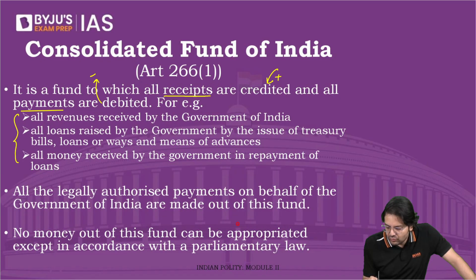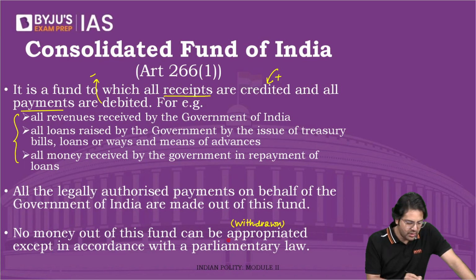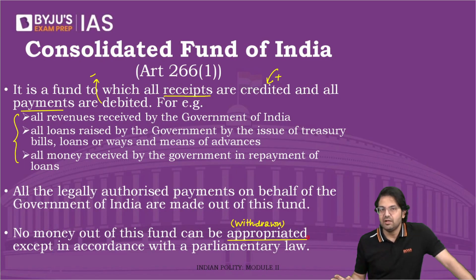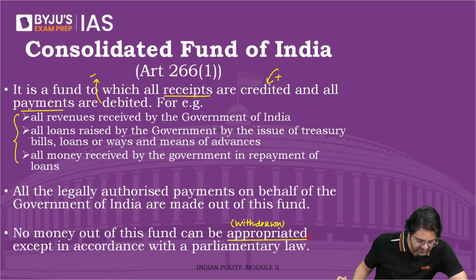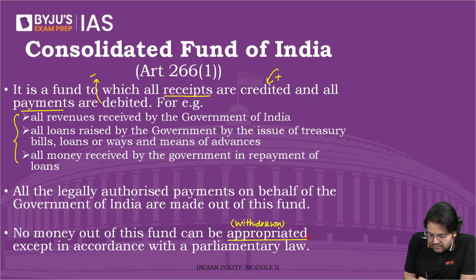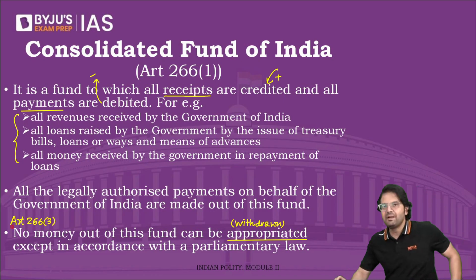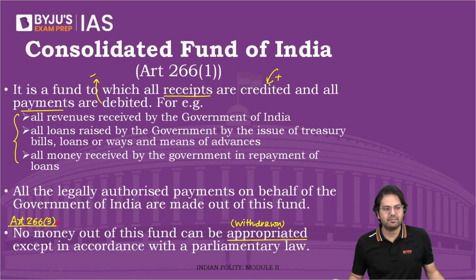Appropriate means to withdraw. So no money out of this fund can be withdrawn except in accordance with a parliamentary law. So when you want to take out money from CFI, what is required? Parliamentary law is required. Clear? This is mentioned under Article 266, Clause 3. No money out of this fund can be appropriated except in accordance with a parliamentary law. Simple. Clear? That's it.